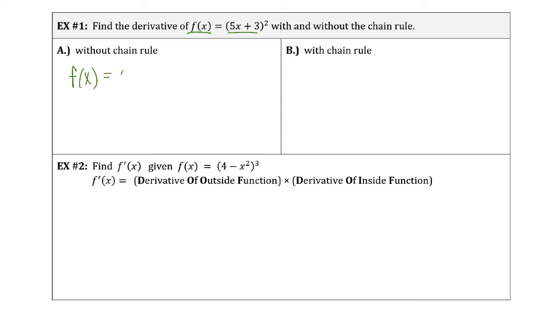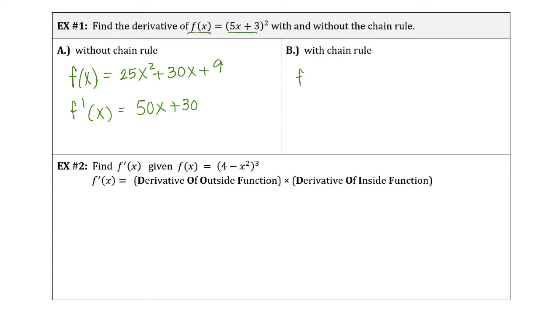And when we do, we would have 25x squared plus 30x plus 9. And then we would do our f prime at x, and that's going to be 50x plus 30. Now that's without the chain rule. That's going through all of the algebra. But with the chain rule, it's going to save us some of the algebra.